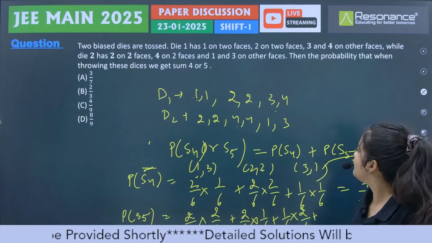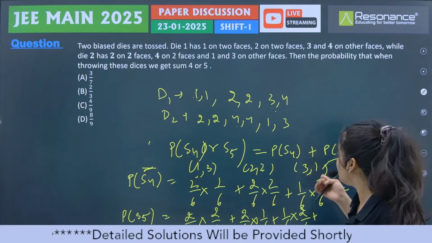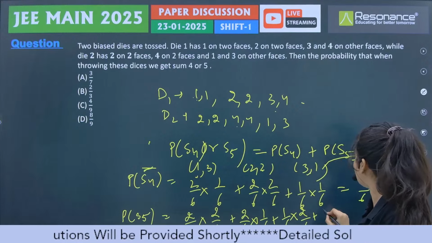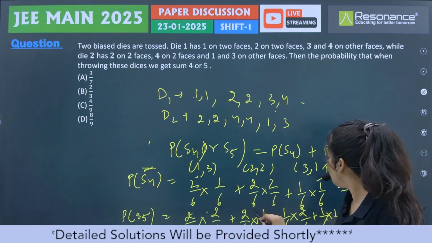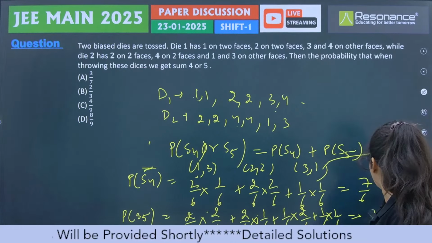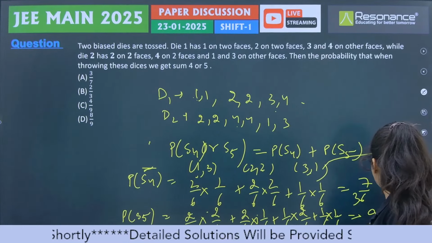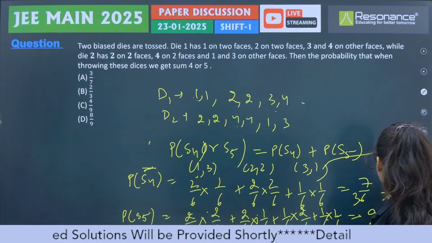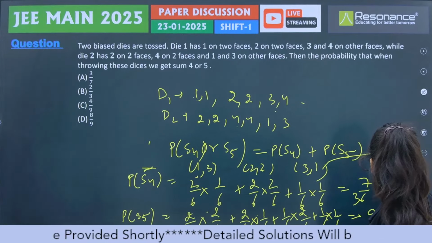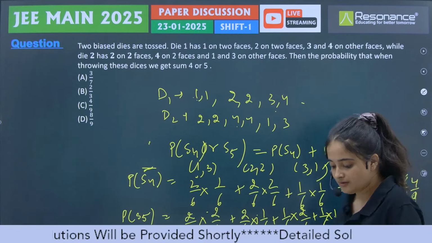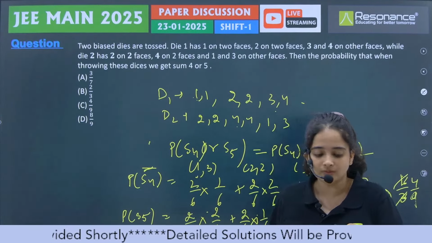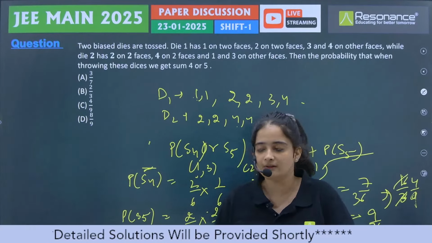Or lastly 4 on the first die and 1 on the last die, so 1 by 6 into 1 by 6. 4 plus 2 plus 2 plus 1, 9 by 36. If we add them we are going to get 16 by 36, which is equal to 4 by 9.